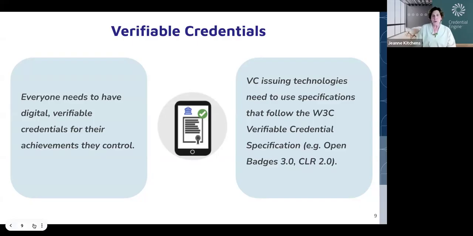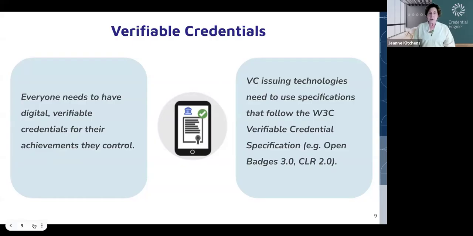So again, verifiable credentials, LERs. We believe that everyone needs to have these digital verifiable credentials for their achievements that they control. And to do that, it is necessary to use modern, updated specifications that follow the World Wide Web Consortium, or W3C, verifiable credential specification.